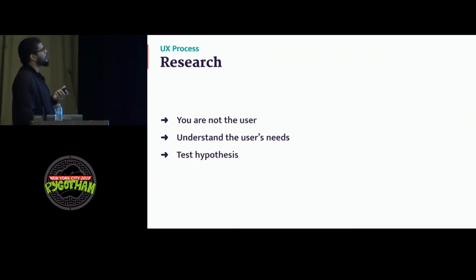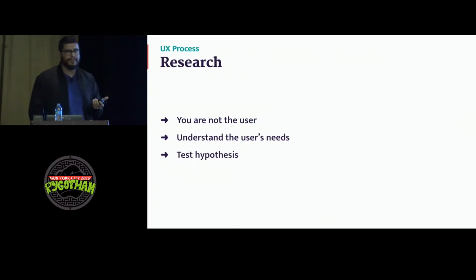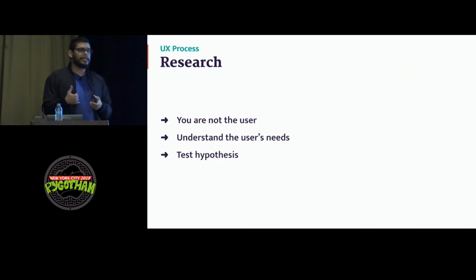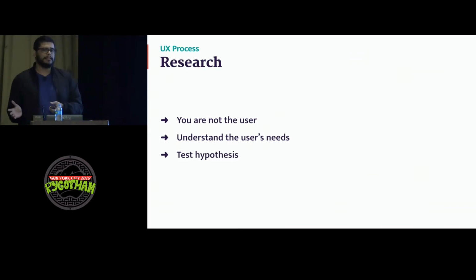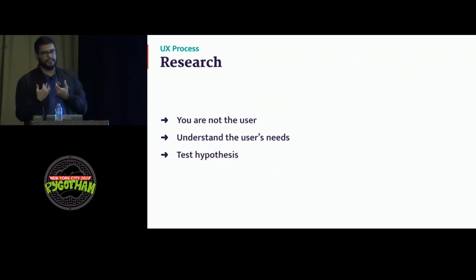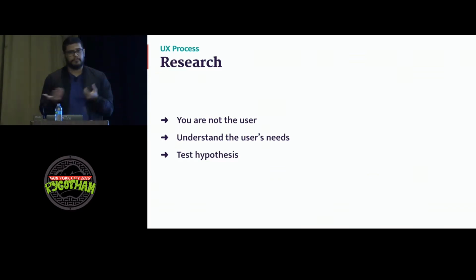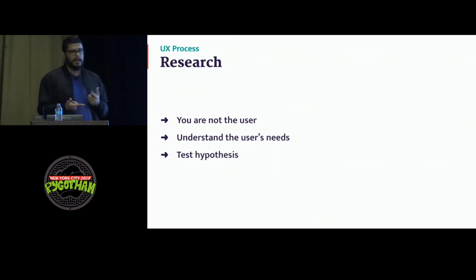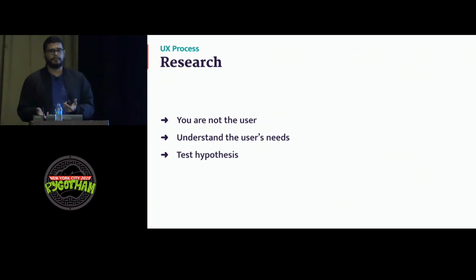When you do that, you need to start researching. And when you start researching, you need to remember you're not the user. Usually, when we start building APIs or interfaces or whatever, we tend to do that for external versions of ourselves. And users are very different. They can be Java users, mobile developers, JavaScript developers.